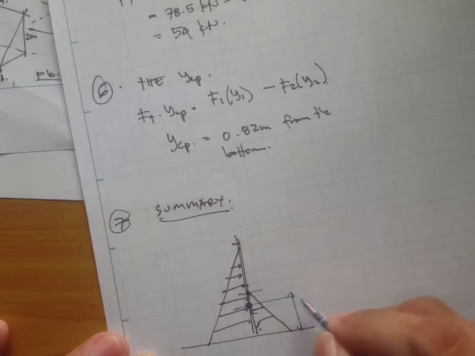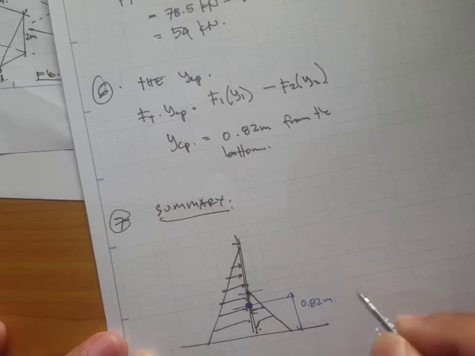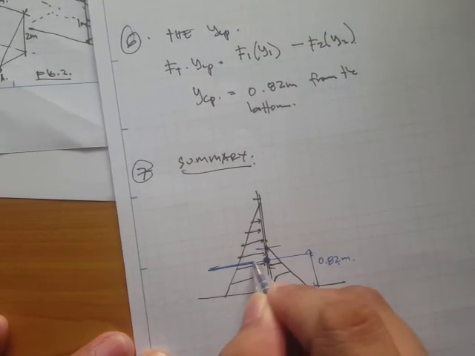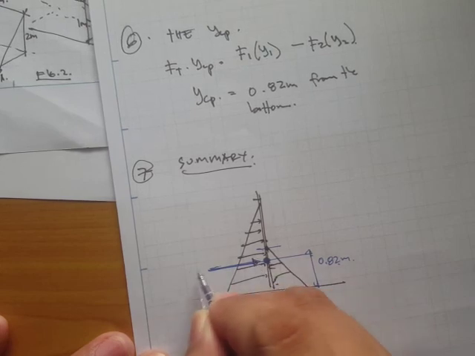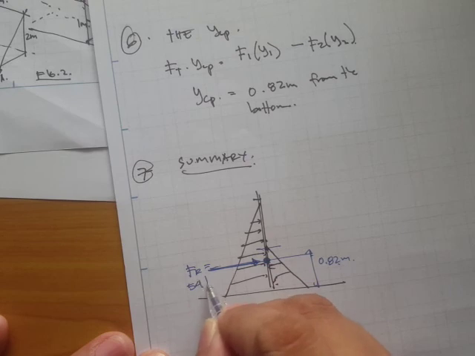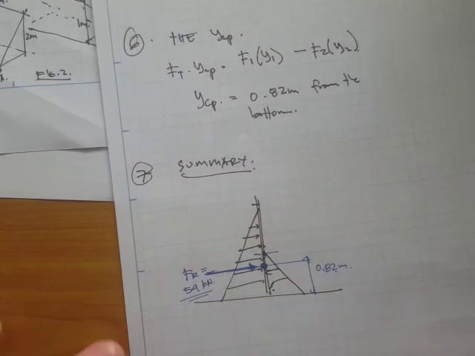That's 0.82 meters. Okay, and this will be the direction of our FR, which is 54 kN.